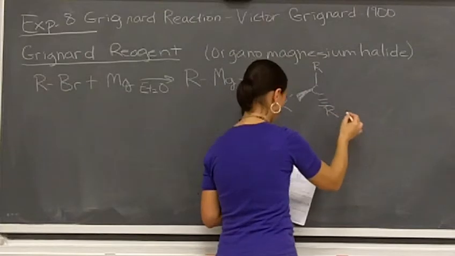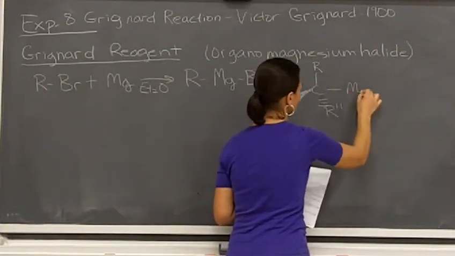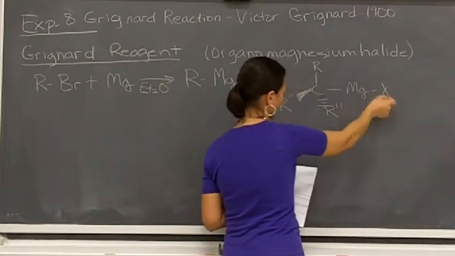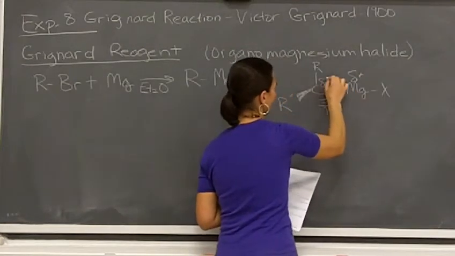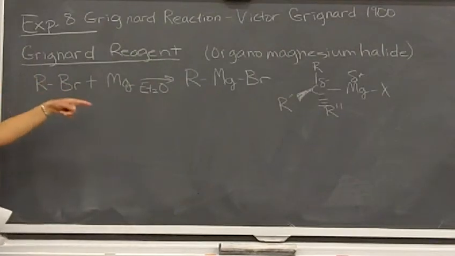So that will help us with the reaction. And so you end up with MgX, and again, in our case, it's going to be a bromide. So we've got partial positive on the magnesium, partial negative on our carbon. And so we're going to use that carbon as actually a nucleophile in the reaction.